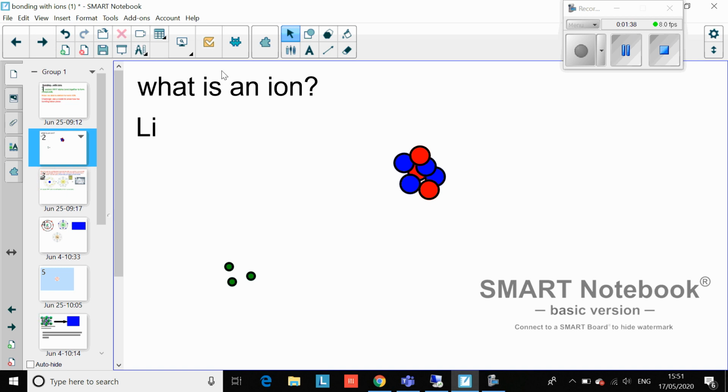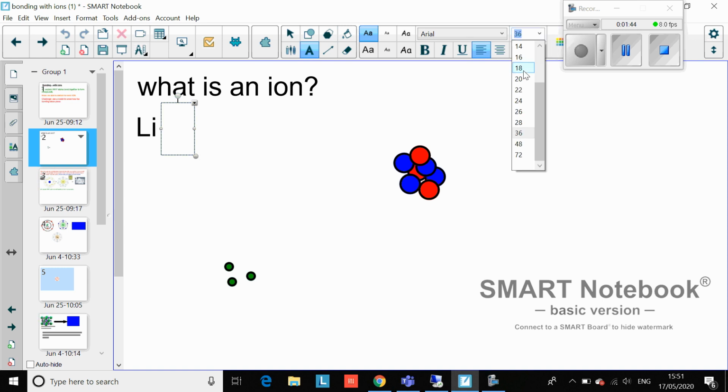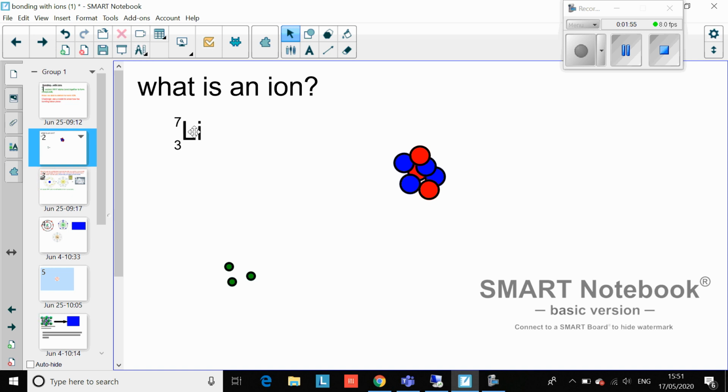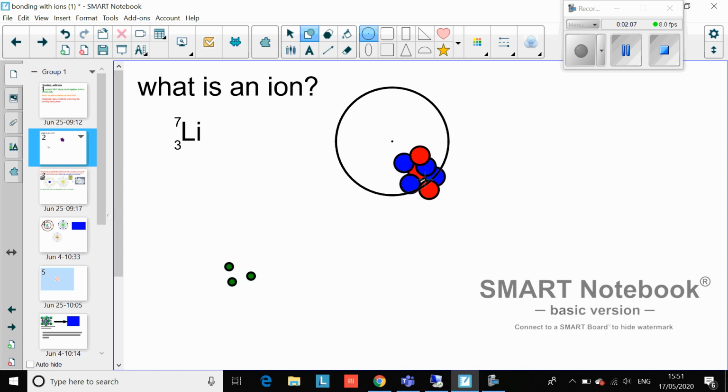So it's got the atomic mass of 7 and the atomic number 3. We'll just quickly shift these around, and there we go. There's lithium. So we've got 1, 2, 3 positive protons, which means in order for this atom to be stable, we've got to have 3 negative electrons.